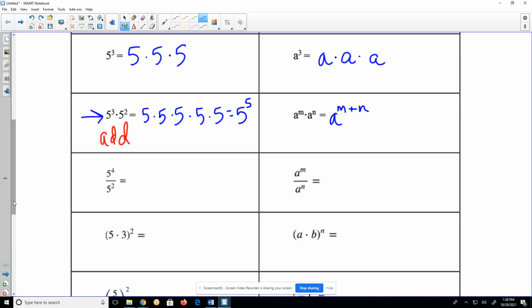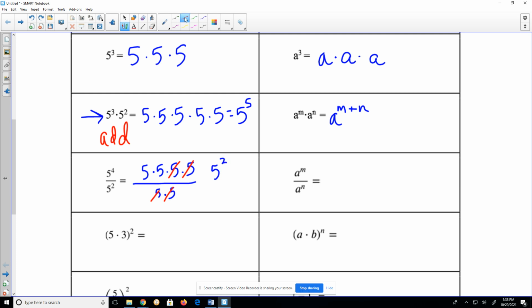5 to the fourth over 5 to the second. What that really is, 5 times 5 times 5 times 5 over 5 times 5. We think back to the rules we've talked about all year as far as dividing things out. So what that really comes out to is 5 to the second.